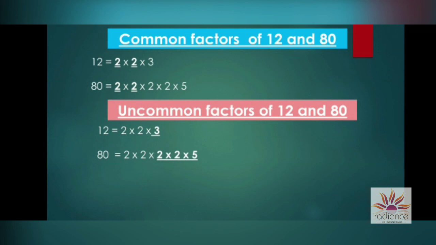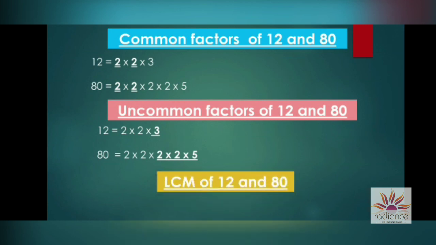As we have discussed previously, while finding out the LCM, we need to multiply both common as well as uncommon factors. So, the LCM of 12 and 80 equals the common factors, 2 multiplied by 2, and the uncommon factors, 2 multiplied by 2 multiplied by 3 multiplied by 5.